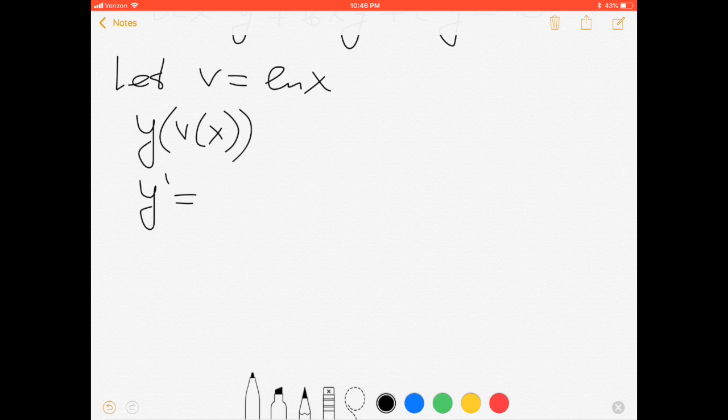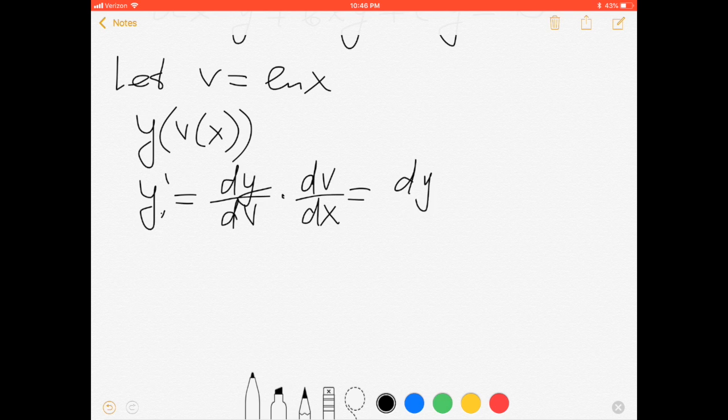It will be the derivative with respect to x: dy/dv times dv/dx. We don't know what dy/dv is, but dv/dx will be 1 over x.